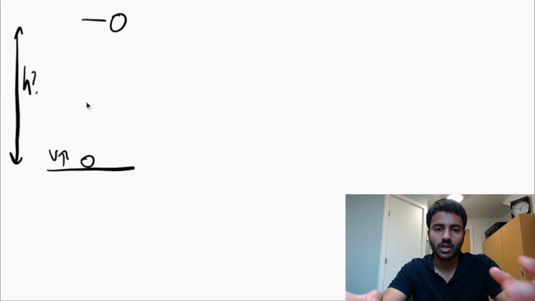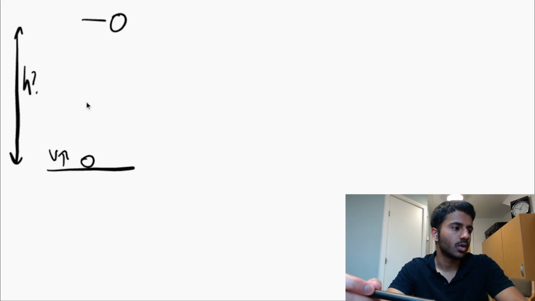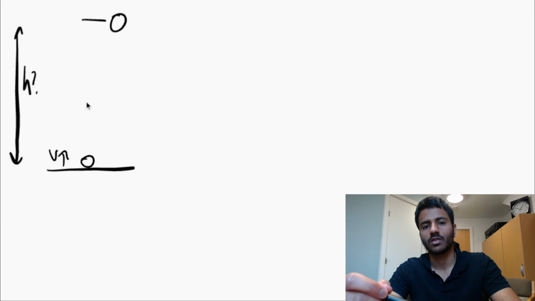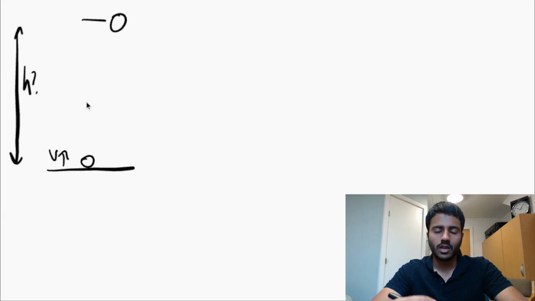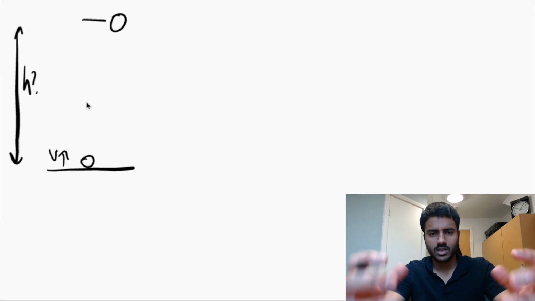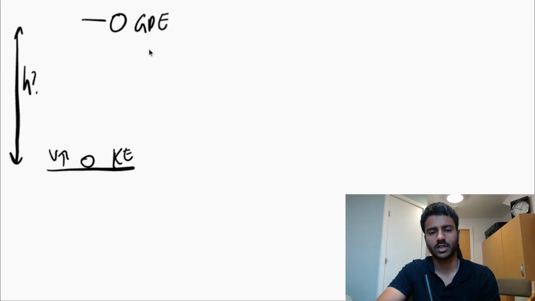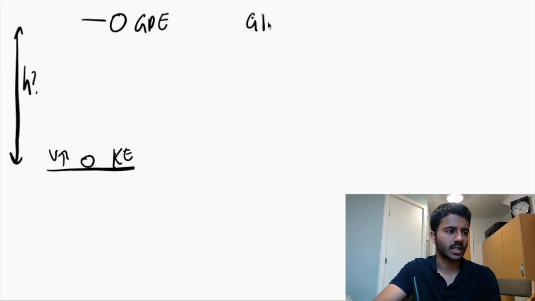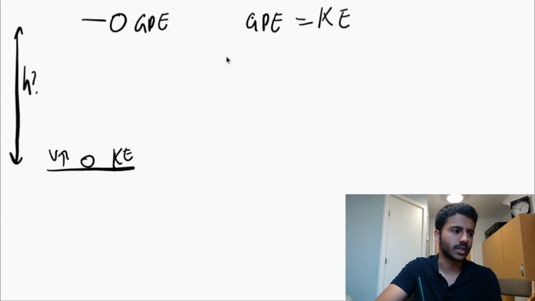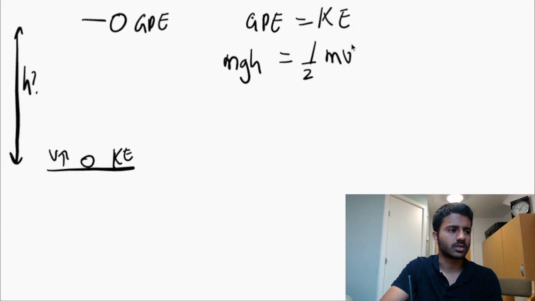If you've already seen it, go have a go and calculate what this height is using these variables. There's also another way to do it, which is by setting energy equal to each other. So it starts with kinetic energy here, and you know it ends up with only gravitational potential energy. So you can say that the final gravitational potential energy is equal to the kinetic energy at the start, which means that mgh is equal to half mv squared.